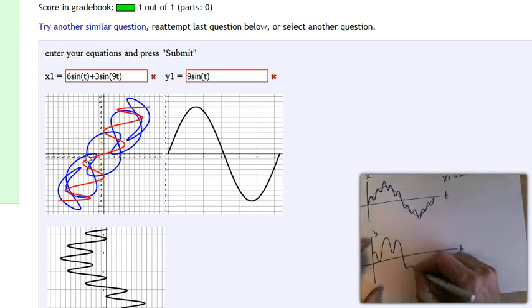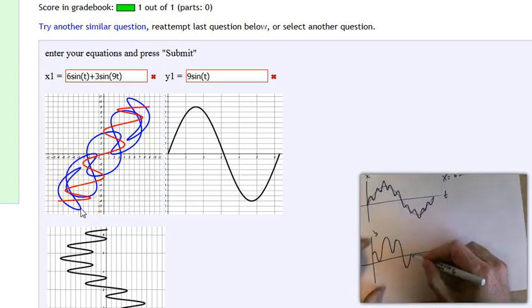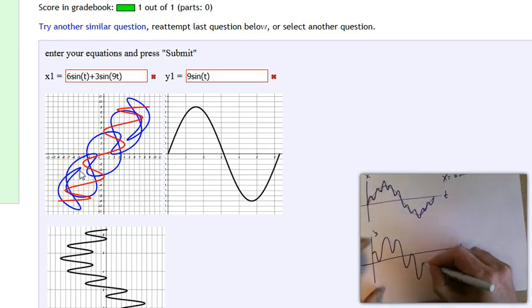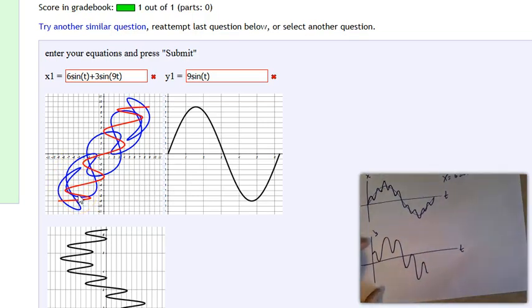Back up to 0. Way down to the bottom. Back up to -3-ish. Down to -8-ish. And back to where we started from.